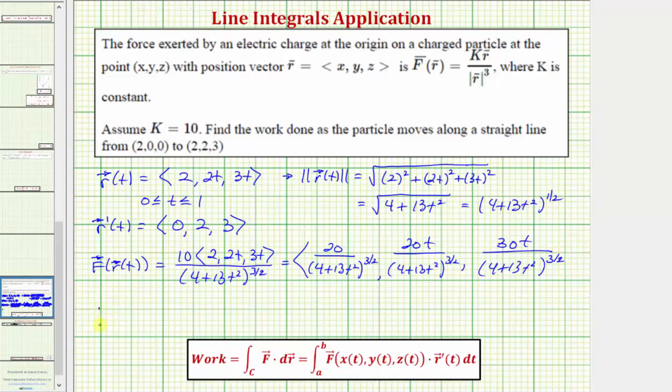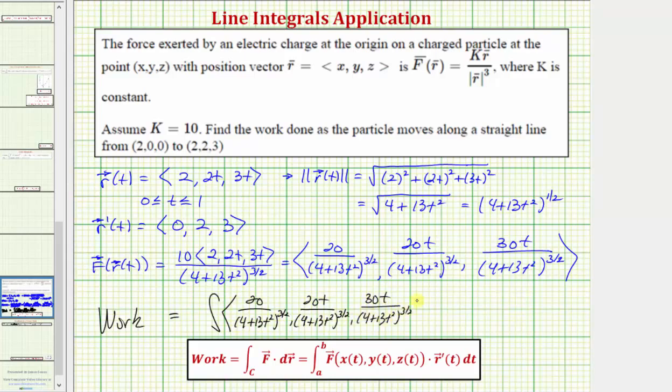which means the work done as the particle moves from this point to this point along a straight line is equal to the integral. Again, we have F of r of t, or F of x of t, comma y of t, comma z of t, which we have here, dotted with r prime of t, which we have here.